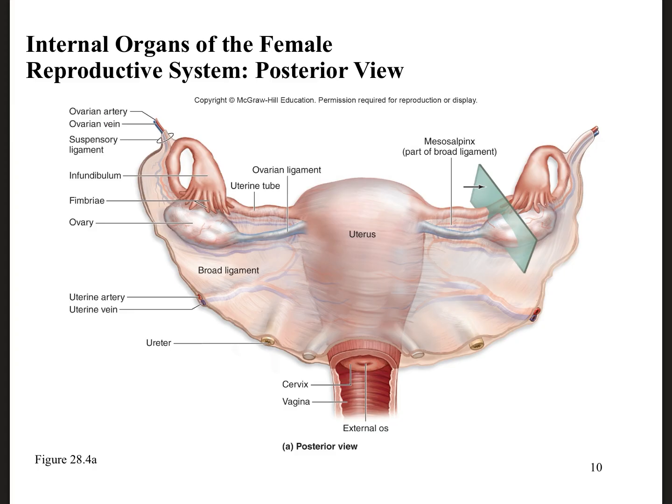There's also an ovarian ligament, which goes out to the ovary, and then a round ligament that holds the ovary and part of the fallopian tube in place. Right, a suspensory ligament holds the fallopian tube in place. So this isn't just moving around. It is in a distinct area of the pelvis.